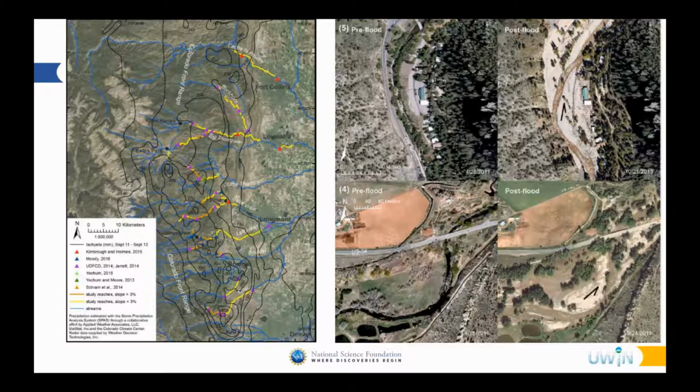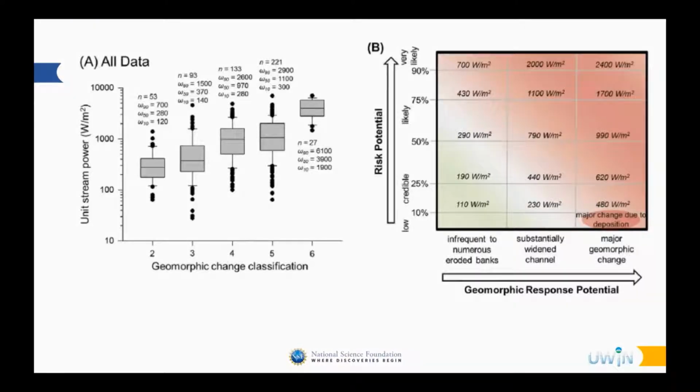On the top, pre-flood and post-flood, you see in Big Thompson Canyon along Highway 34 what we call the Category 5 channel adjustment, where there's a full-on avulsion of the channel, and it takes out US 34. In the lower panels, there's significant widening and aggradation in the channel, but it's staying predominantly in its original course without a major avulsion, so that would have been a Category 4 response.